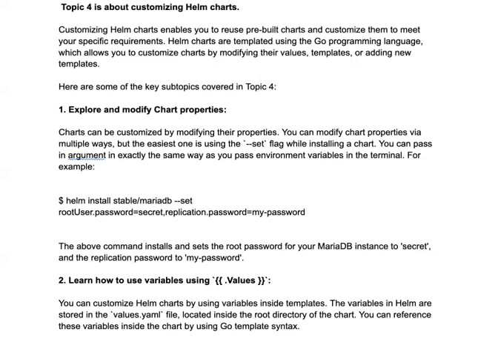Now, let's explore modifying the chart properties. Charts can be customized by modifying their properties. How do you modify those properties? By using the --set flag. That way you can override the values you have already specified inside the values.yaml file. For example, in the below example we are installing MariaDB and setting up the root user password, which we have set to a secret, and the replication password, which is set to my password.